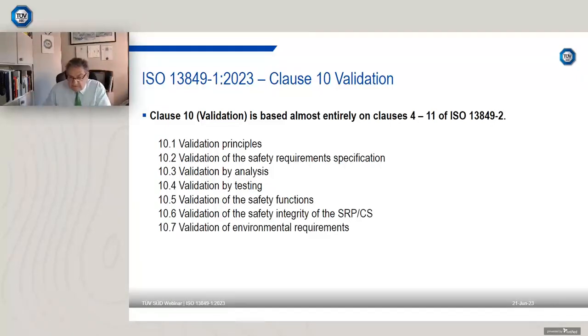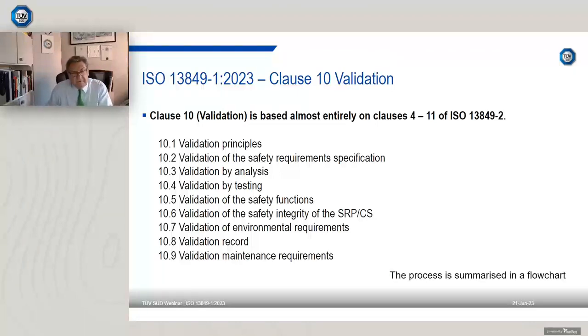And have we applied the right categories, if that's also in 10.6, if a specific category was required. 10.7, looking after the environmental requirements. 10.8 is recording validation, having an audit trail, having a record that the validation has been done correctly. And 10.9 is validating the maintenance requirements.